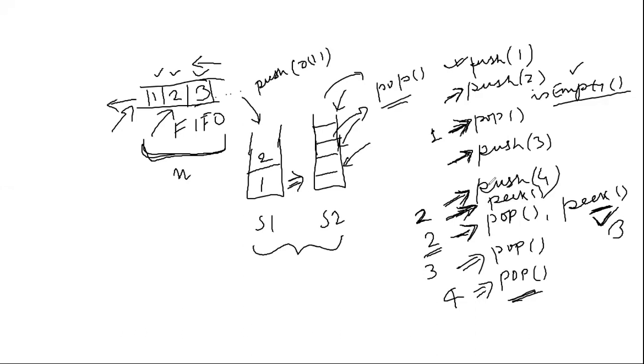Because we are just going to put anything on stack 1 without thinking, right? So when this kind of thing happens, then we start talking about amortized time complexity.